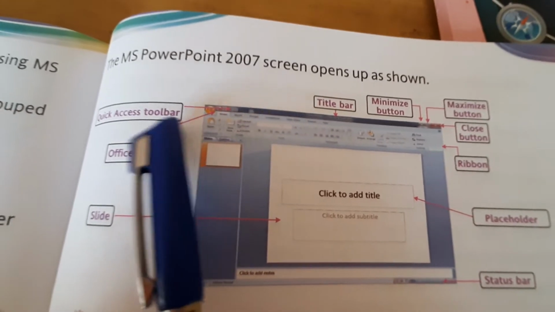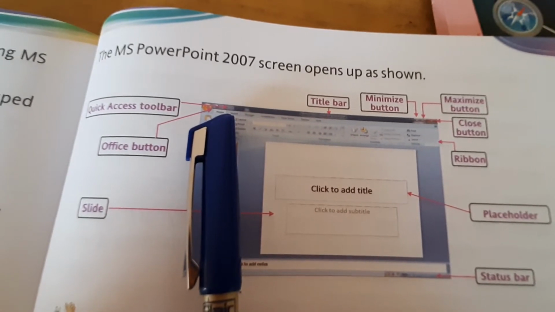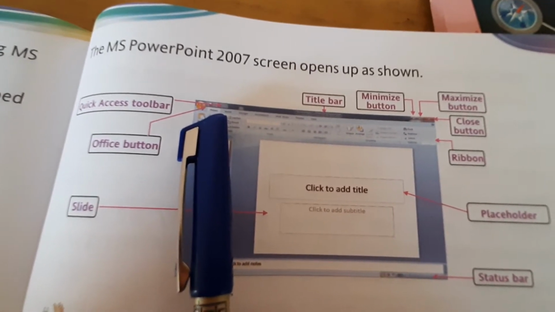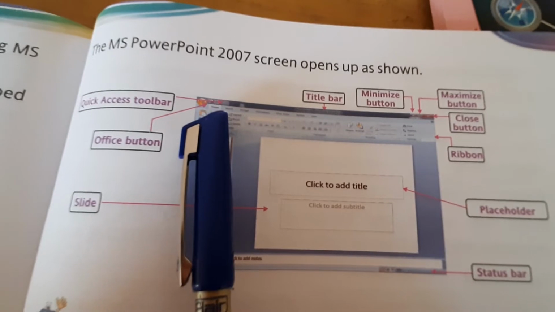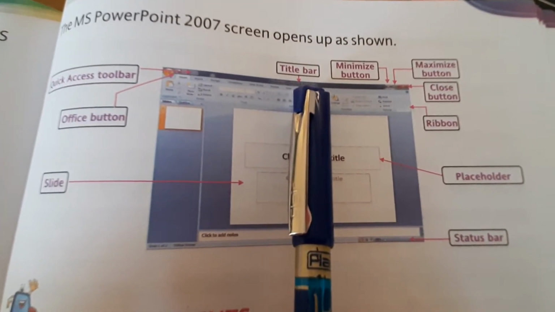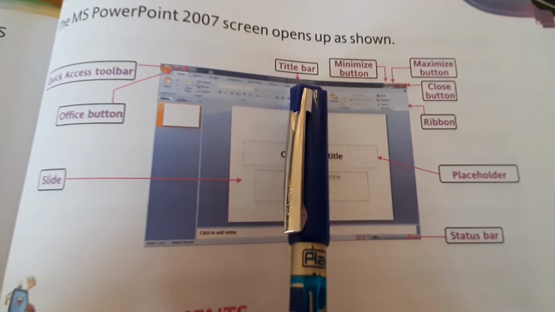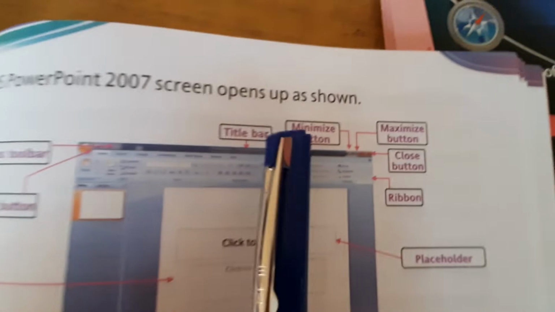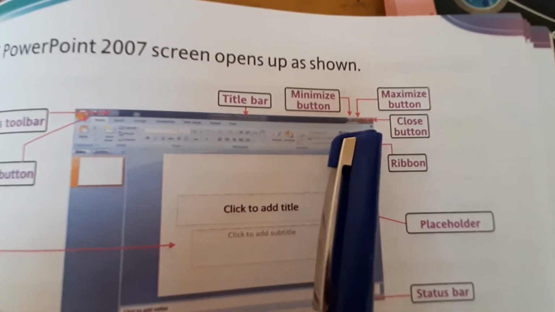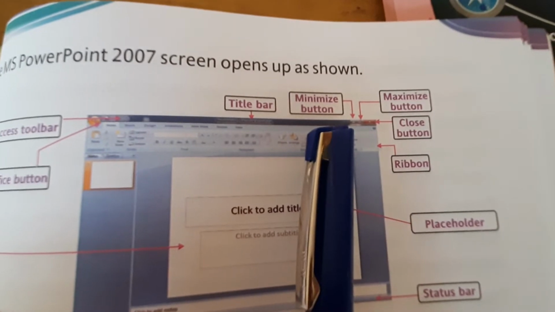Then the Quick Access toolbar for quickly accessing different commands, like Save or Print Preview. Then the title bar. Here the title bar shows the title of your presentation; otherwise, the name of the application will be displayed here. Then the minimize, maximize and close buttons, which we have already studied many times earlier.